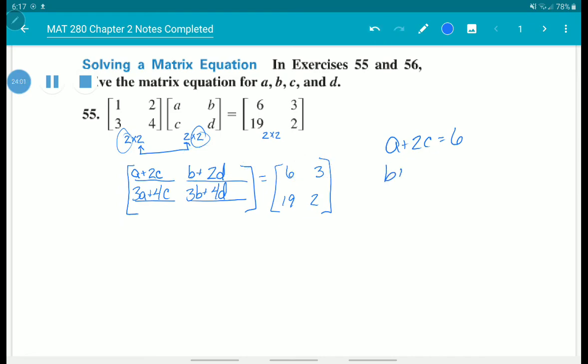So we have B plus 2D has to equal 3. And then we have this has to equal that. So 3A plus 4C has to equal 19. And then 3B plus 4D has to equal 2. So we've got this system of equations that we can solve.